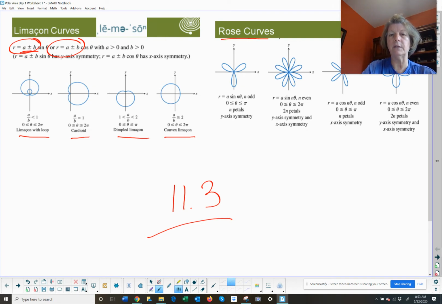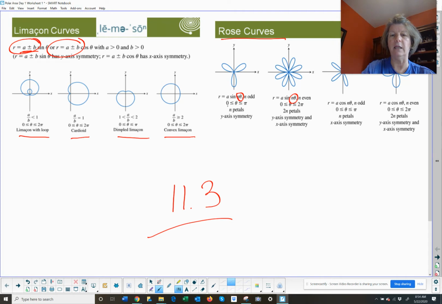And then the rose curves: if n is odd, then we're going to have that number of petals. If the n value in front of your theta is even, you're going to have twice as many petals. Okay, so keep those in mind.